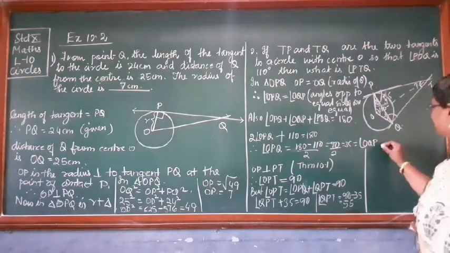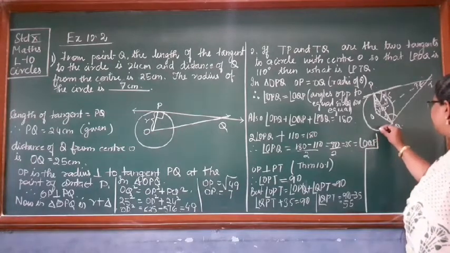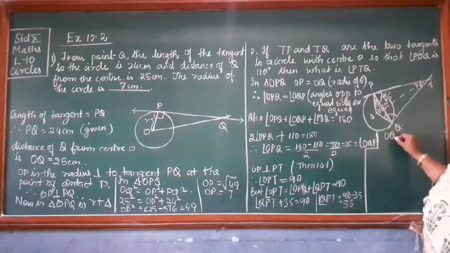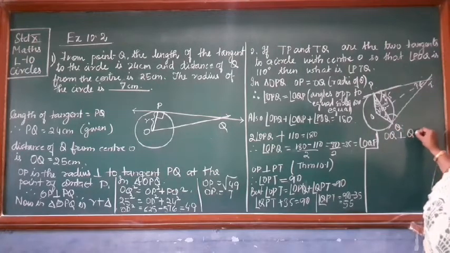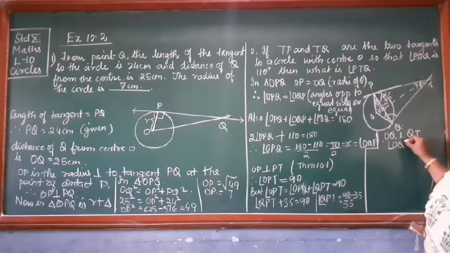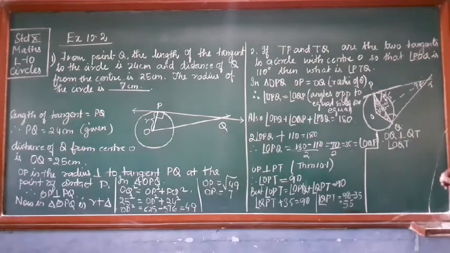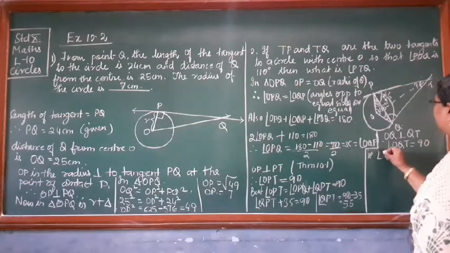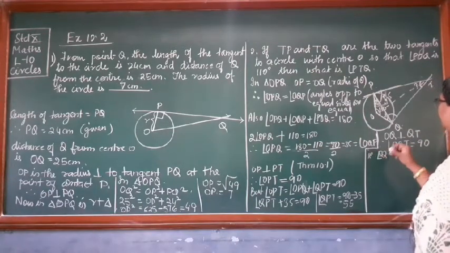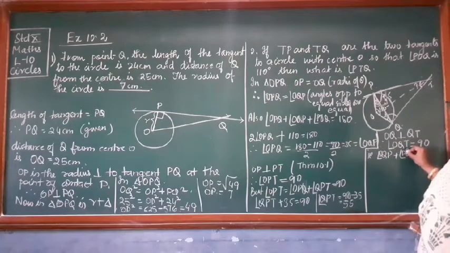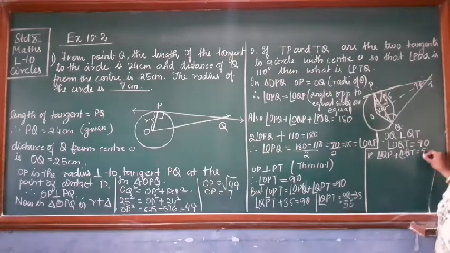ठीक है, so we can write one more step here. We can say OQ is perpendicular to QT. Therefore, angle OQT is equal to 90 degree. That is angle OQP plus angle PQT is equal to 90.